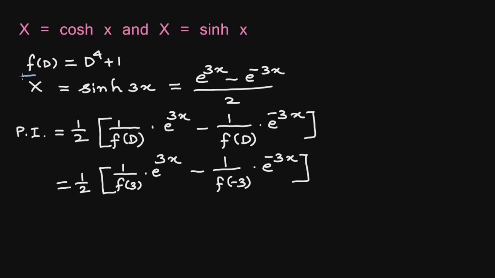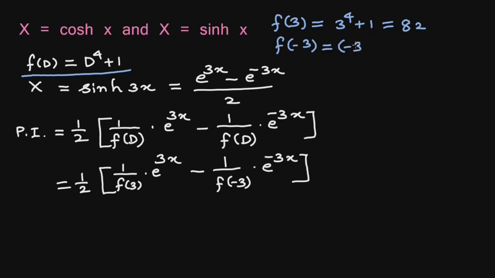Now from f(D) equals D raised to 4 plus 1, we have f(3) equals 3 raised to 4 plus 1, which is 81 plus 1, 82, and f(minus 3) equals minus 3 raised to 4 plus 1, same as 81 plus 1, 82.